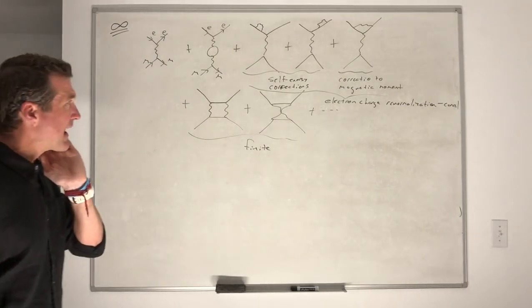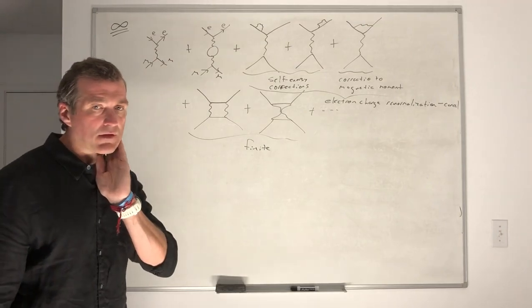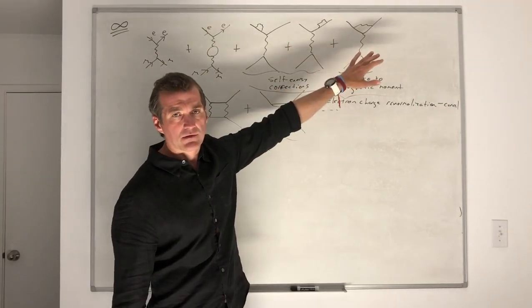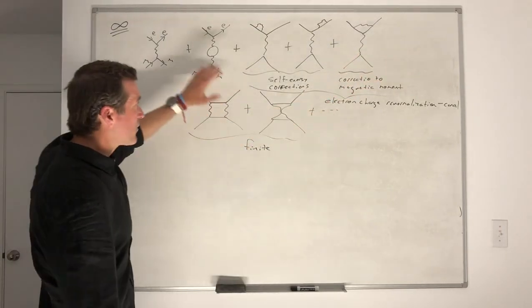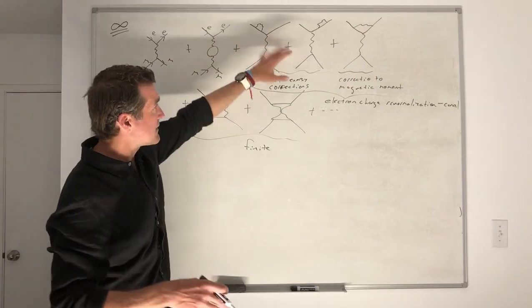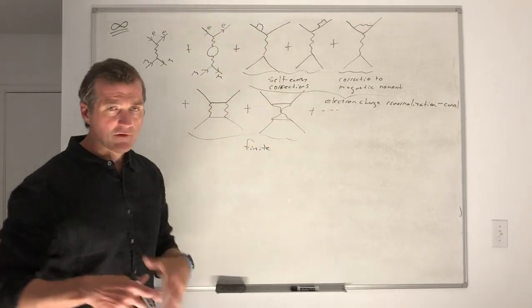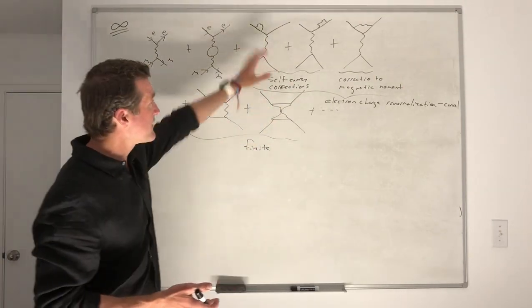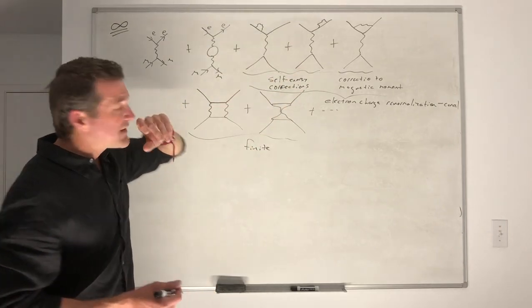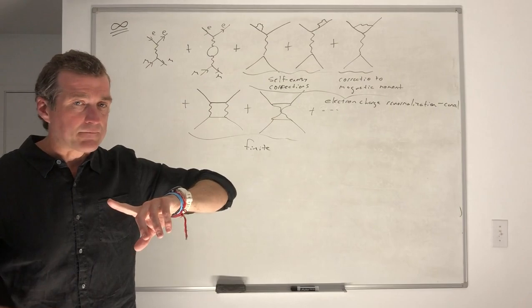Now, that's not really a big deal because if these were divergent, then we could probably renormalize the theory by redefining other stuff so that all this would work out. We could redefine the masses, etc., etc. But there's a problem with this, actually.